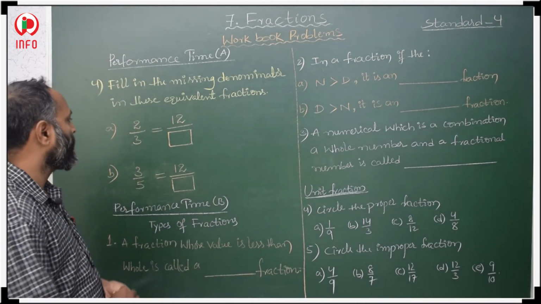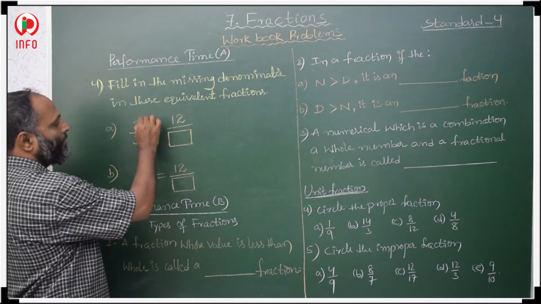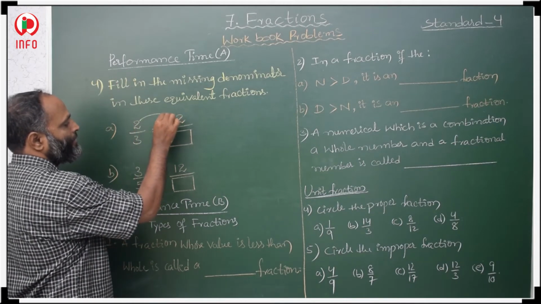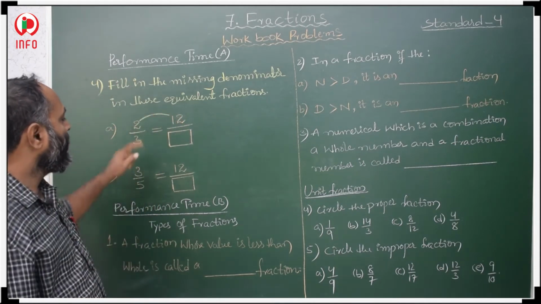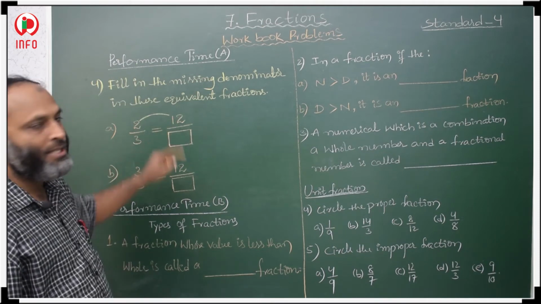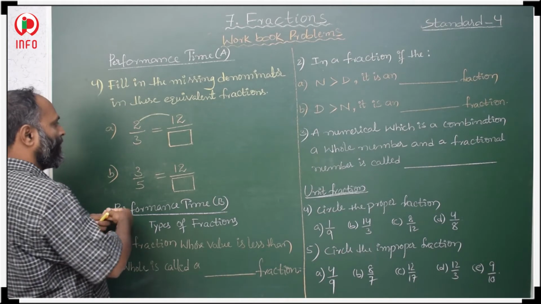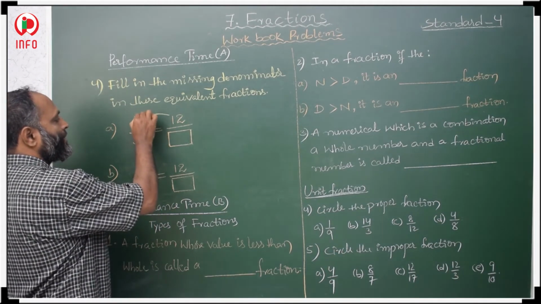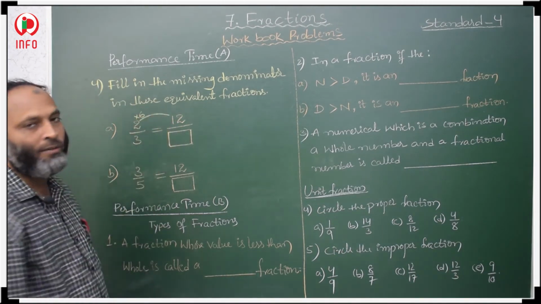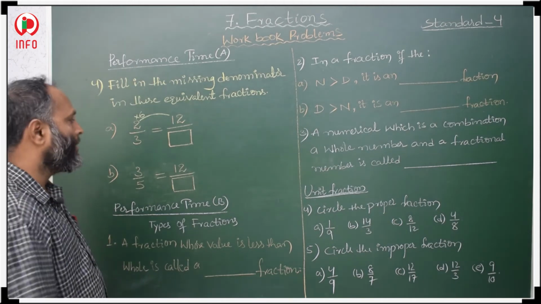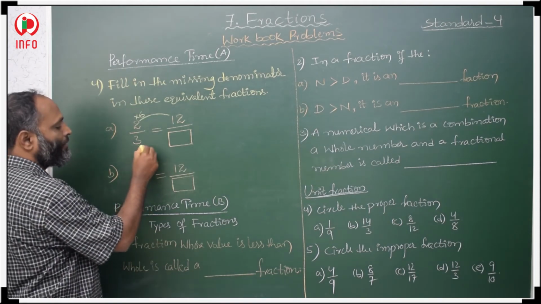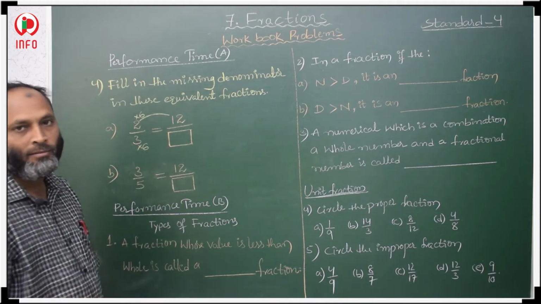Now, see. How to check? First, compare numerators, these two numerators. In 2 table, when will you get this 12? 2 6s are 12. If we multiply 2 with 6, then you will get 12 here. It means the denominator also we have to multiply with 6.